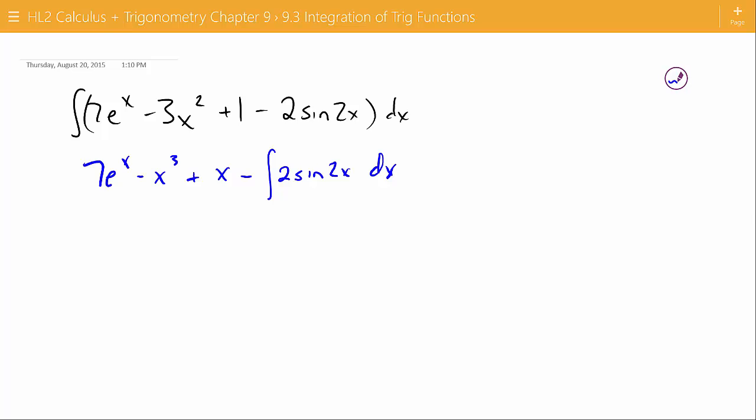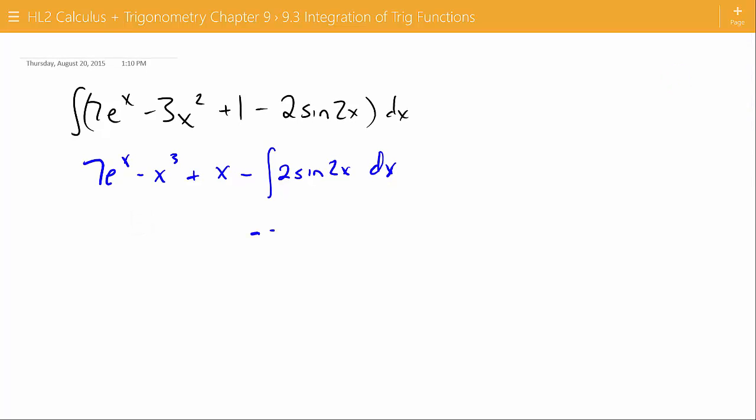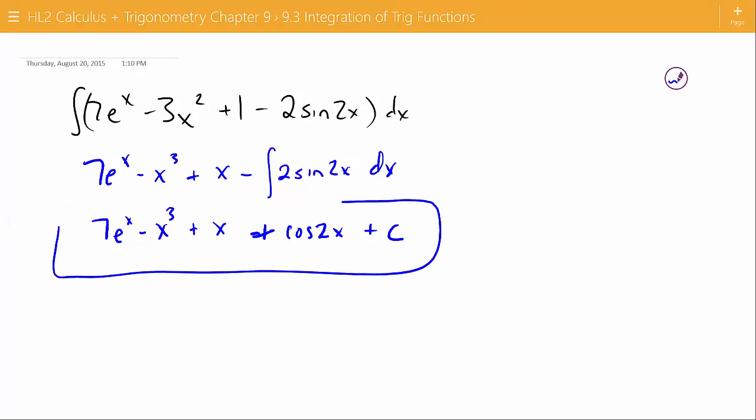I'm going to have minus negative cosine 2x, and minus a negative just becomes a big old positive. We've got plus c, and the rest of this goodness right there. So this whole thing is the antiderivative of that original problem. So let's pause here. Let's come back to this in the next video.